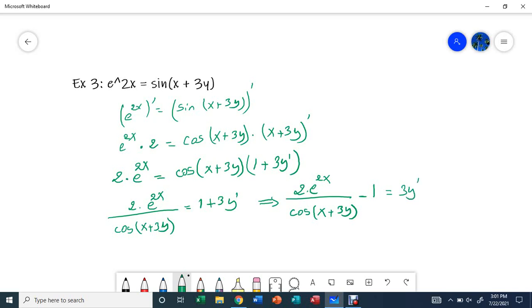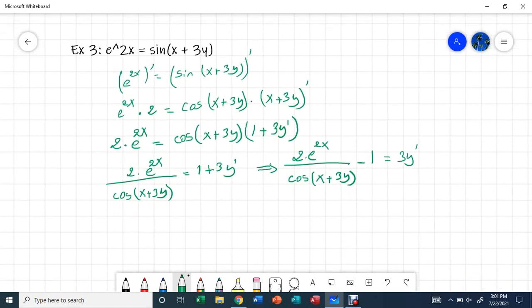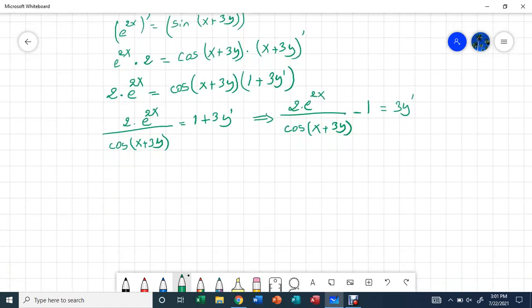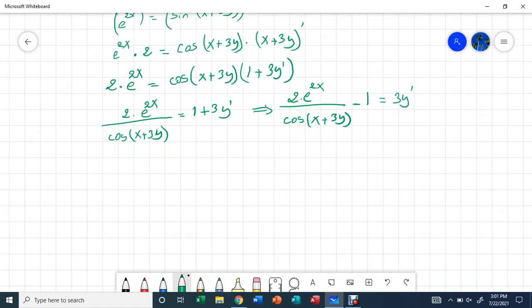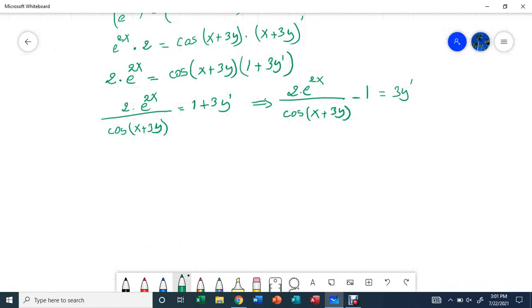And now let's find the common denominator and combine the left hand side. The common denominator is cosine of x plus 3y.